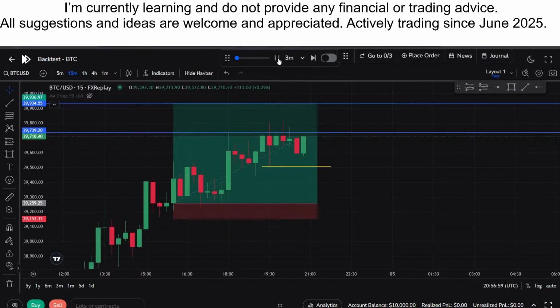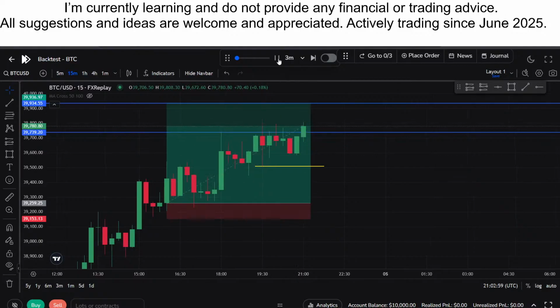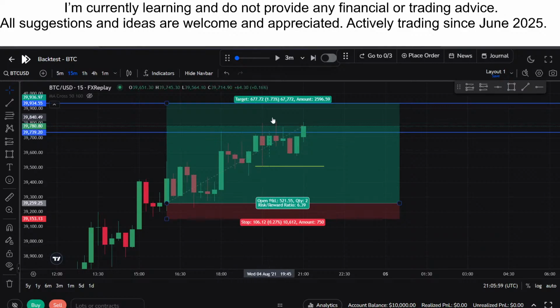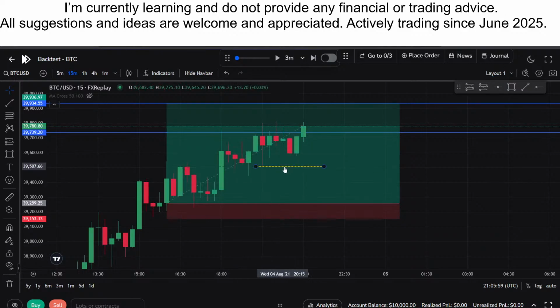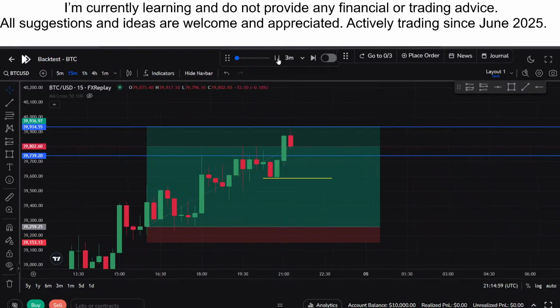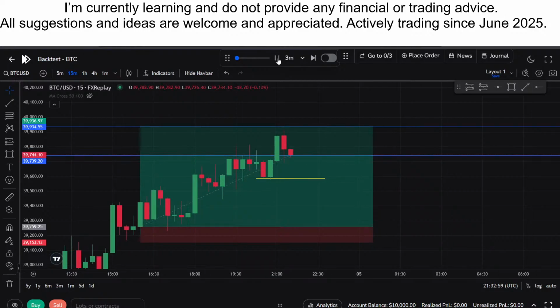Nice candle. High, low. So this one let's chase. Okay, it's going up. Nice candle, nice candle. Not nice.